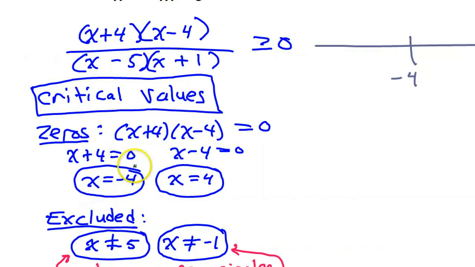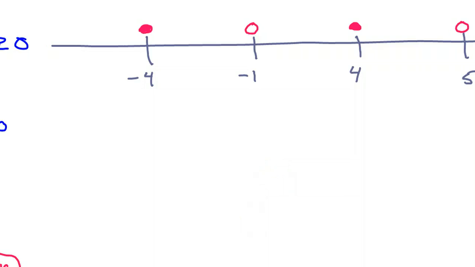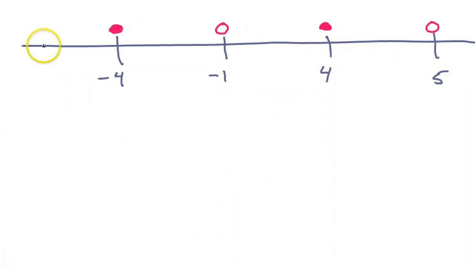So equaling 0 is great. So we will include the +4 and the -4 by using closed circles there. So these values will be included. All right, now look at all these zones. We're going to have to use a test value in each one of these zones and check it out.